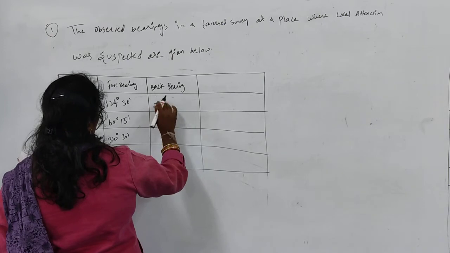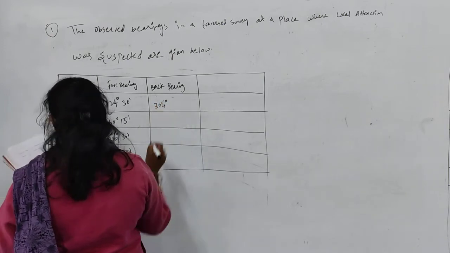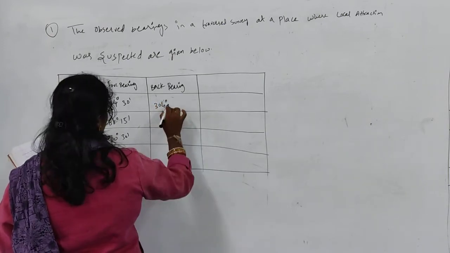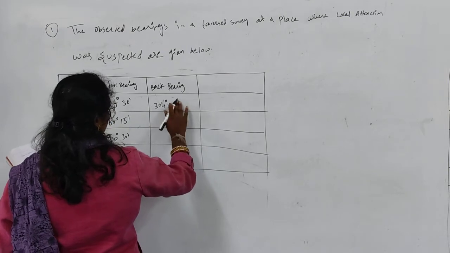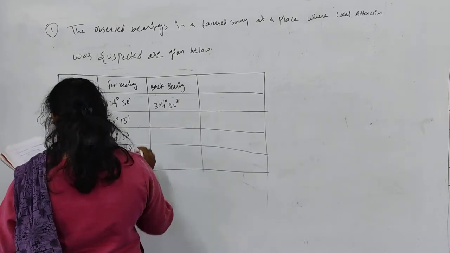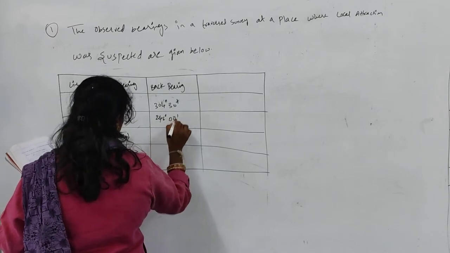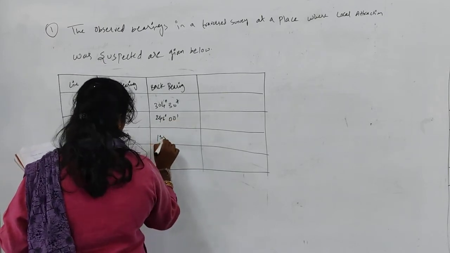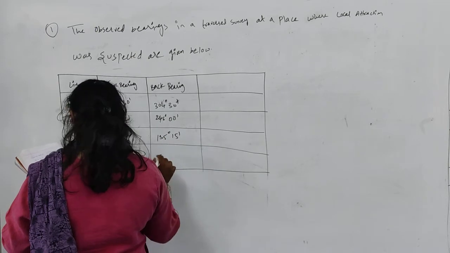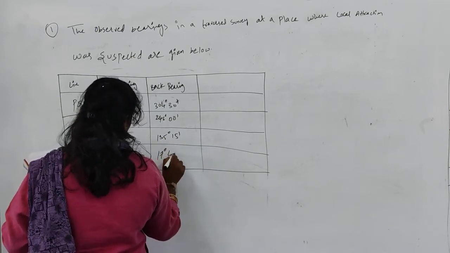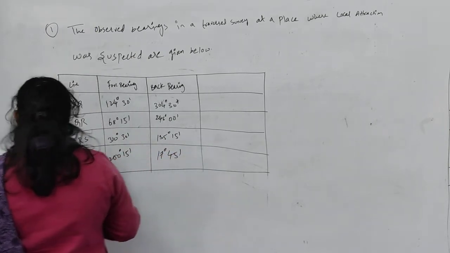Next one 304 degrees 30 minutes, 246 degrees 0 minutes, 135 degrees 15 minutes, 17 degrees 45 minutes, right?